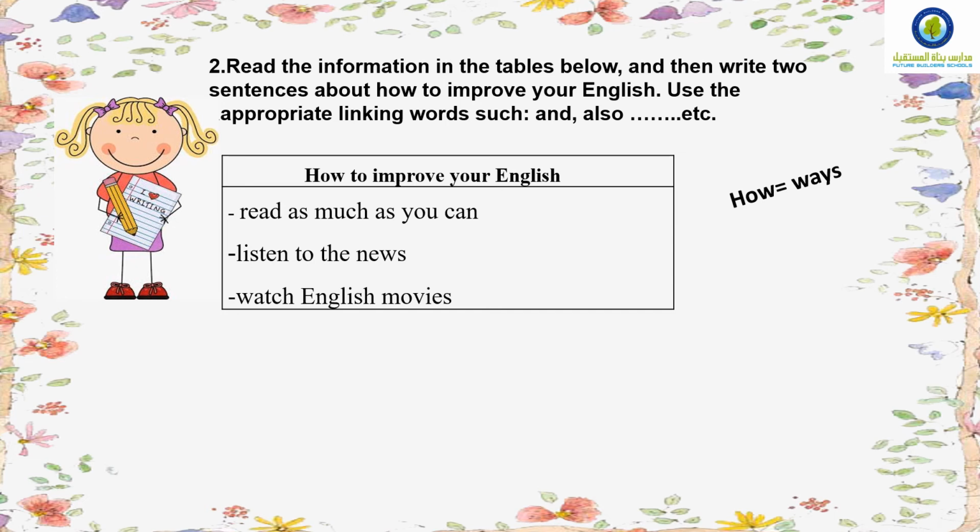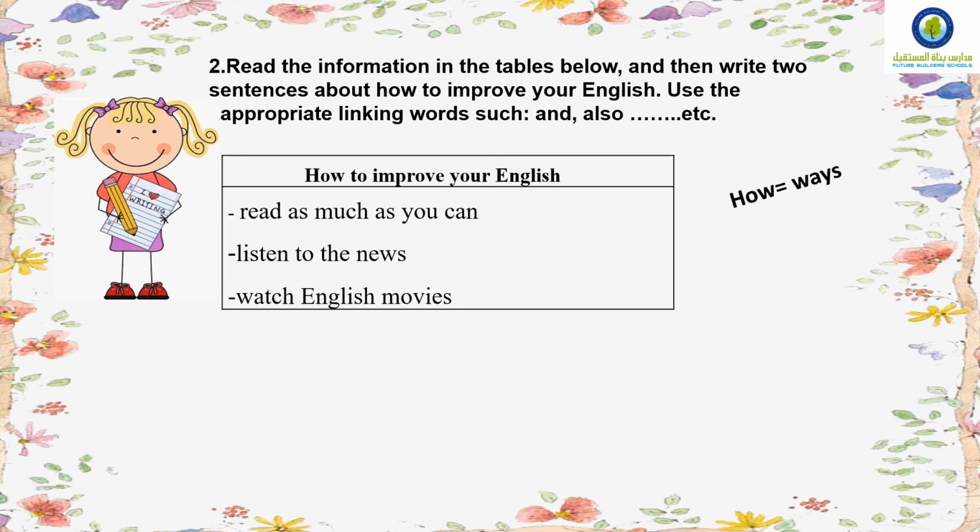Ways. Now, we should follow the steps that I introduced before. How to improve your English is the title, and you have read, listen, watch. So we start with what? Do you remember? In red. Yes, there are many ways.